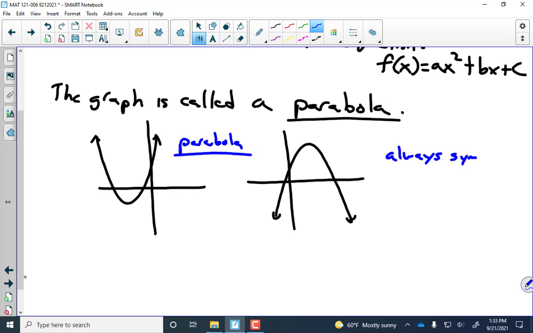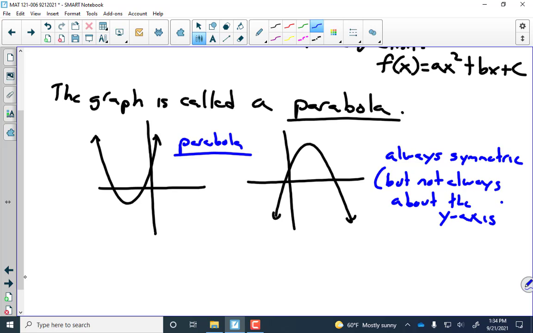They're always symmetric, but not always about the y-axis. Remember when we talked about symmetry, we talked about even functions that were symmetric over the y-axis? Well, these things are always symmetric, it just might not be over the y-axis. You see, this one is symmetric over this line right here. It's the same on both sides of that dashed line I just drew. So they are symmetric, they're just not considered even functions all the time.